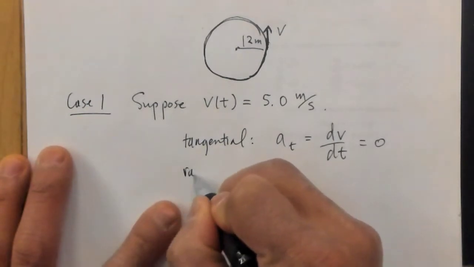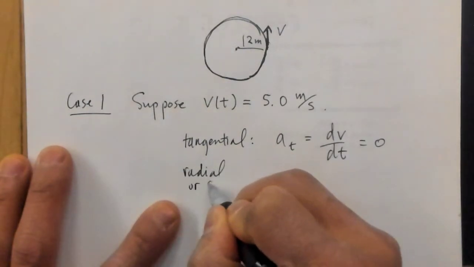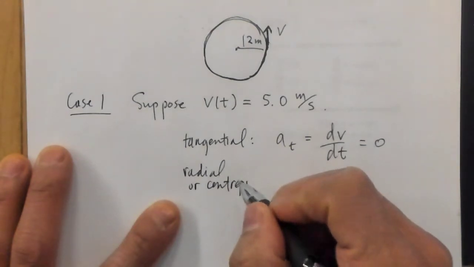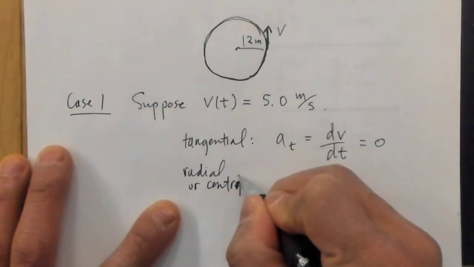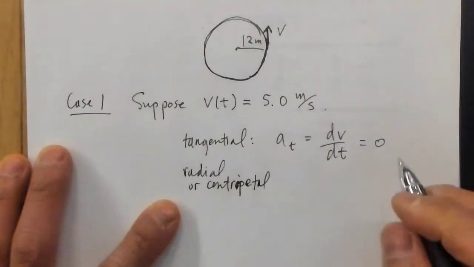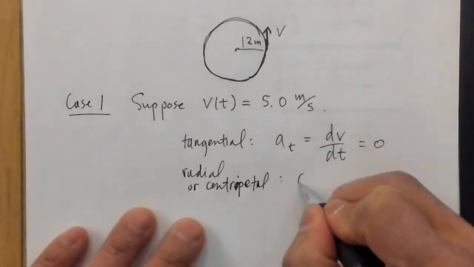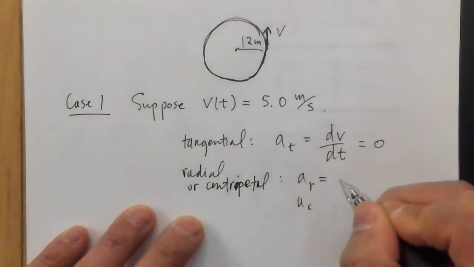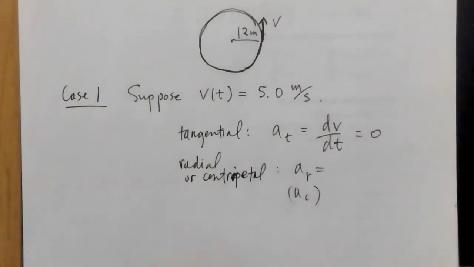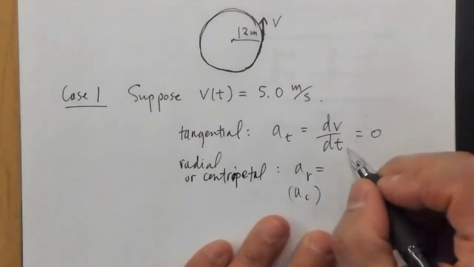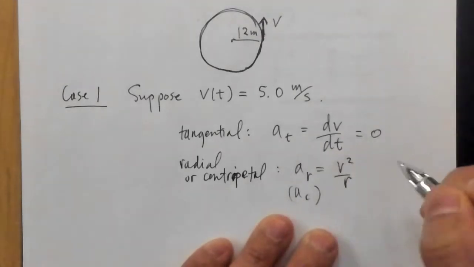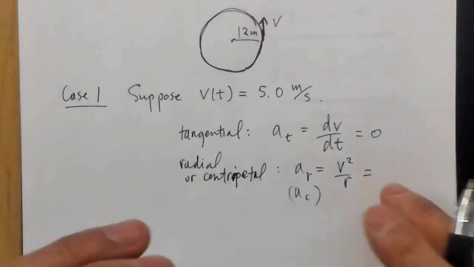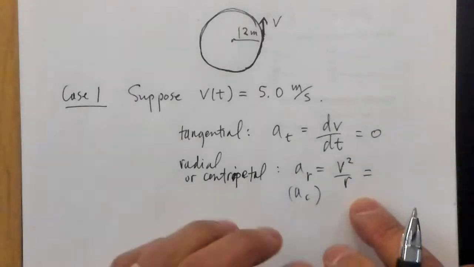Now let's do the radial, or centripetal. Oh, I'm spelling it wrong. It's I then E. Centripetal acceleration. Okay, so a_r, or if you want, you can write it as a_c. Doesn't matter what subscript you use here. It's going to be v squared over r. Everybody remembers this, v squared over r, that's on your equation sheet.